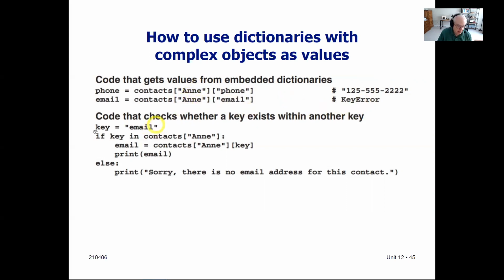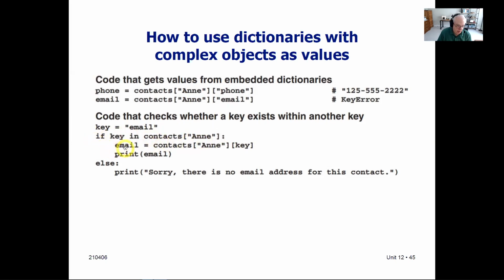Now, there's several ways we can deal with that. The easiest, possibly, maybe not, certainly done often, is an if statement. So our key is going to be email. Say hallelujah, they quit using the word code. So if the key is in contacts and, so contacts is the whole dictionary, the whole address book, and we're looking at Ann, okay, so that makes sense.